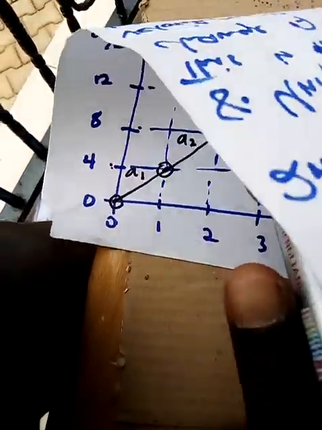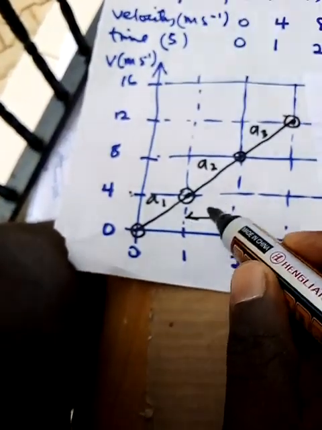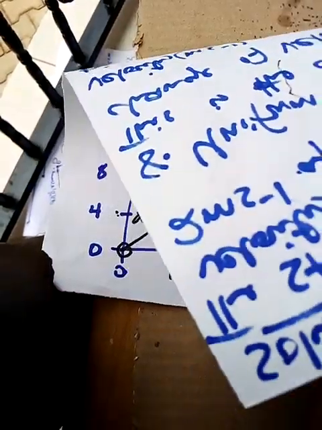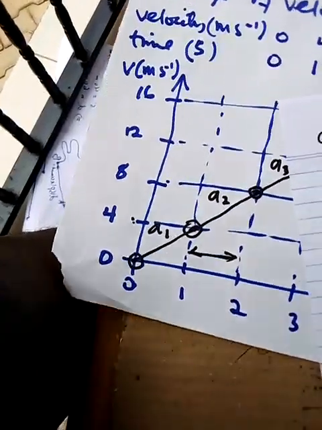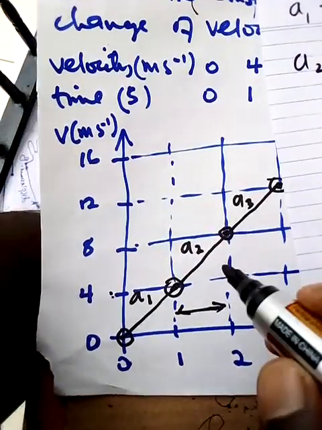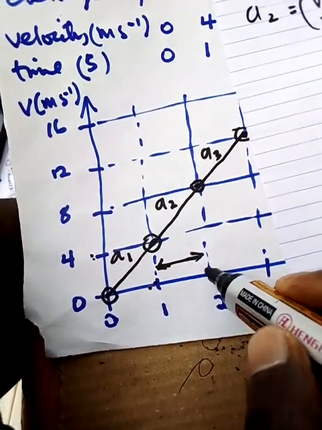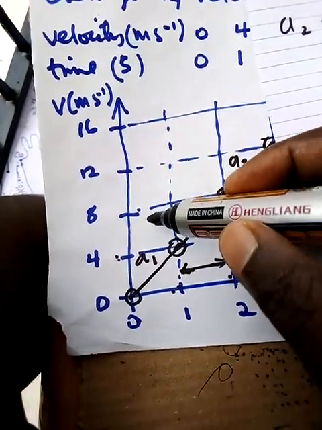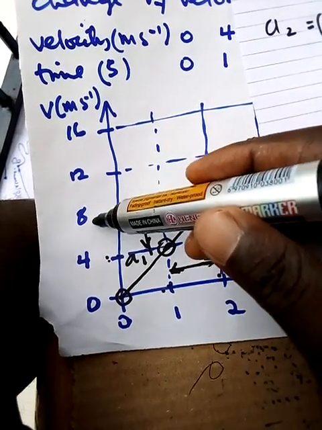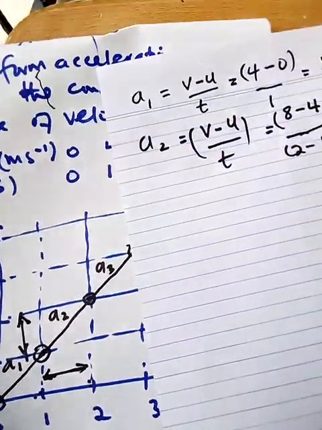We are subtracting the time at these two reference points, so we get 2 minus 1, and in terms of velocity it becomes 8 minus 4.